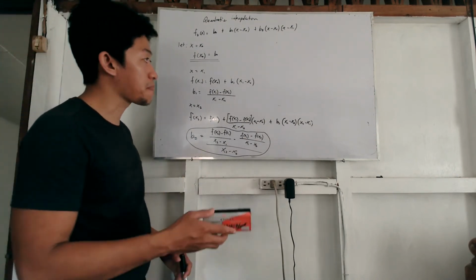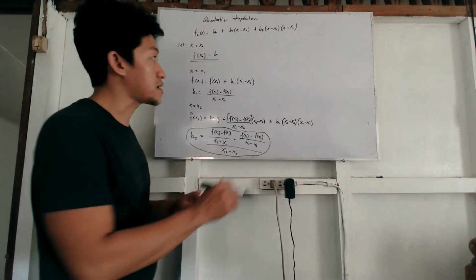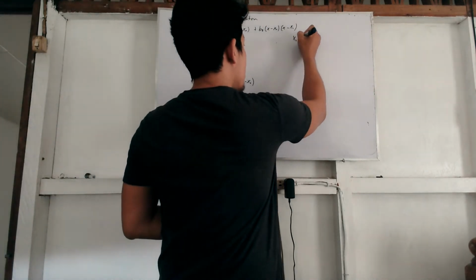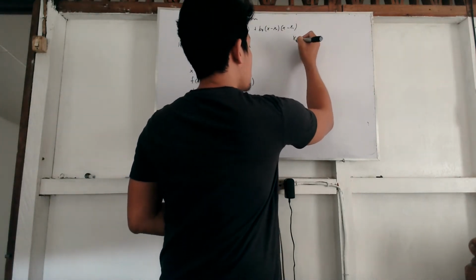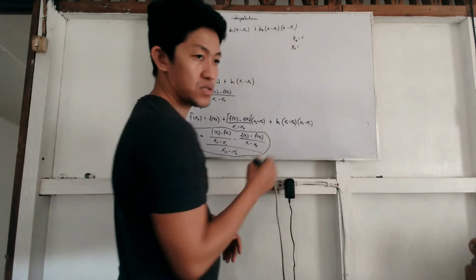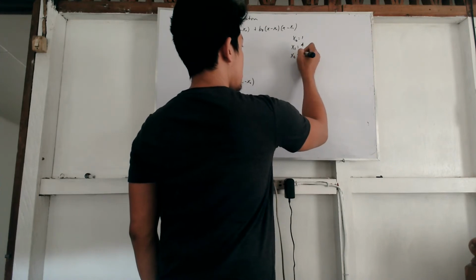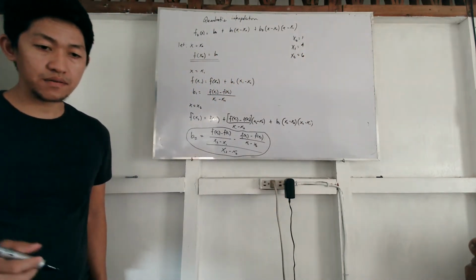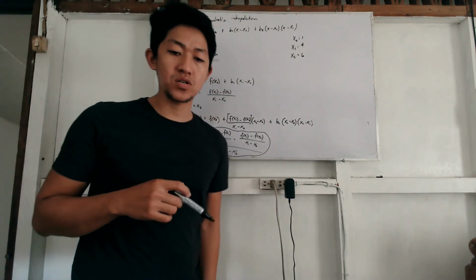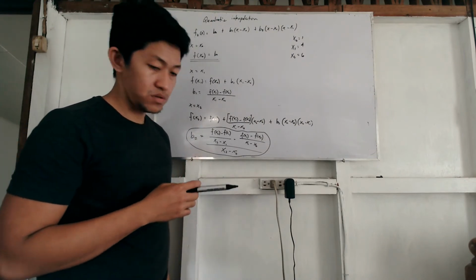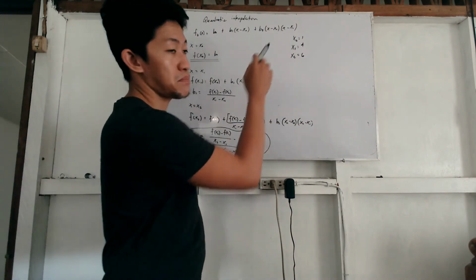Okay, so let's recall our x0 is 1, x1 is 4, and x2 is 6. So if you will apply quadratic interpolation, you actually need 3 points.